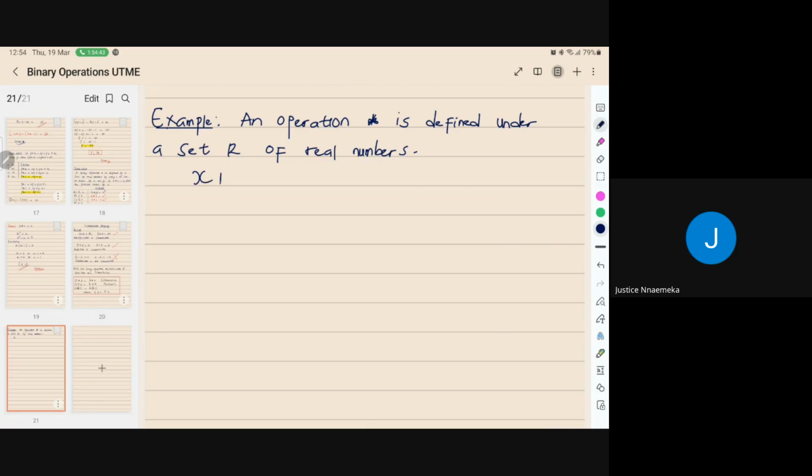Then they say that x asterisk y is equal to x squared plus 2xy plus y.